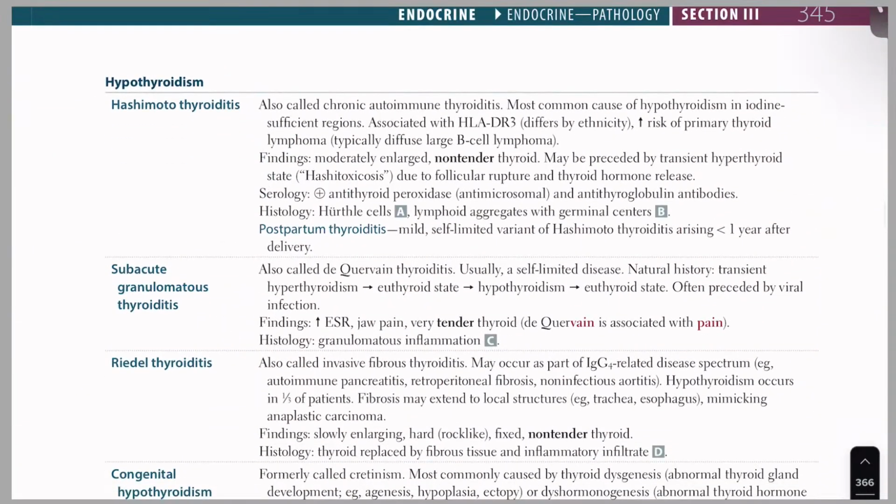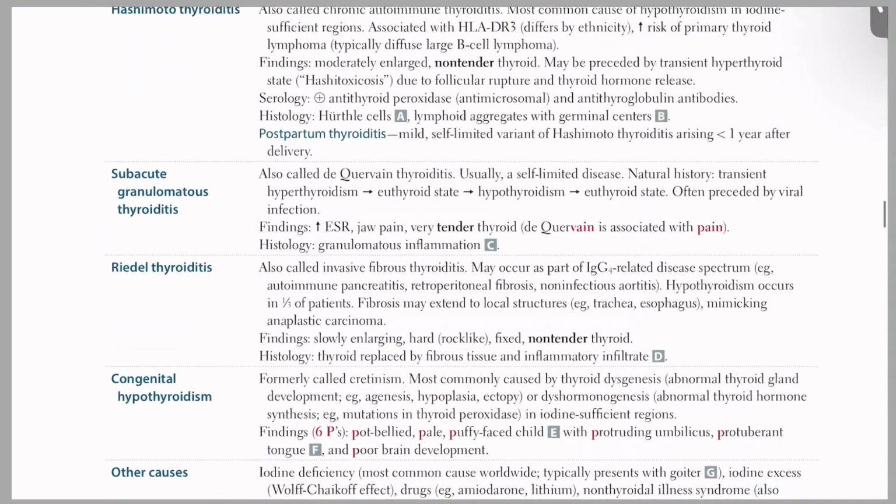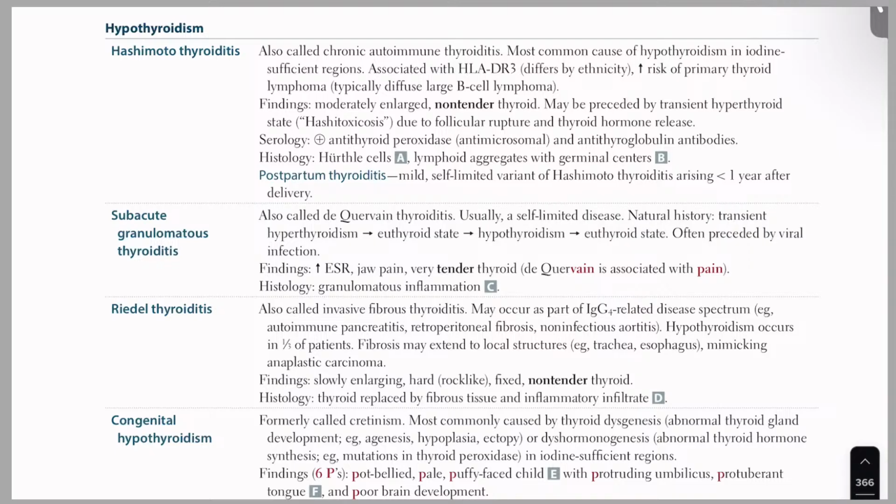Okay, let's read hypothyroidism disorders, and this will most likely be the last. We have to hurry to complete all these disorders. First, Hashimoto's thyroiditis, also called chronic autoimmune thyroiditis, the most common cause of hypothyroidism in iodine sufficient regions, associated with HLA-DR3, differs by ethnicity.